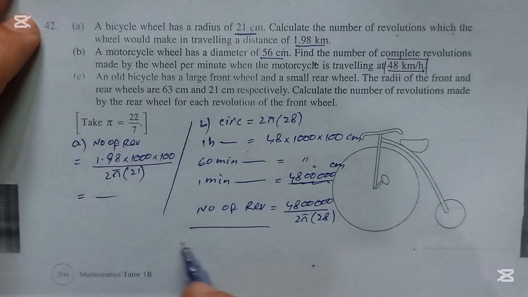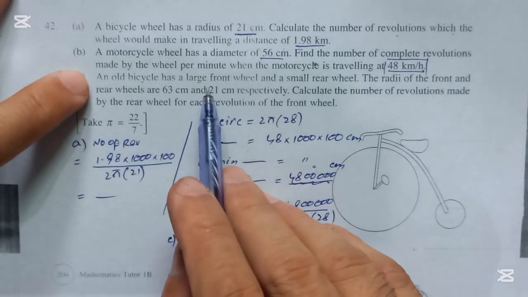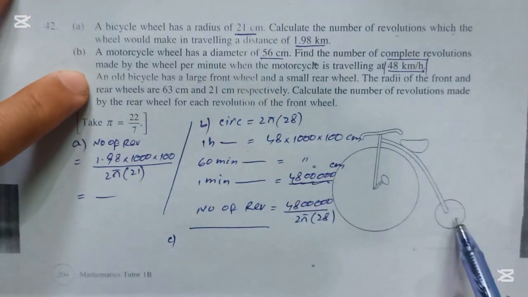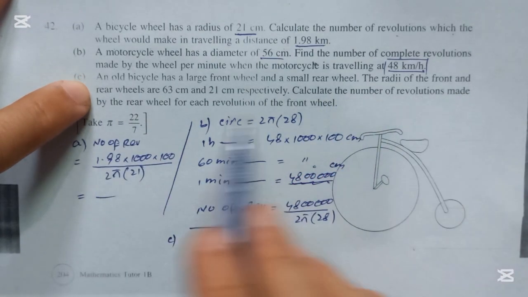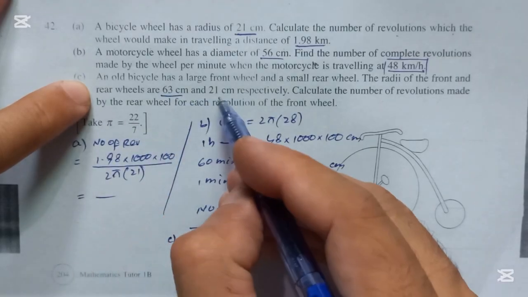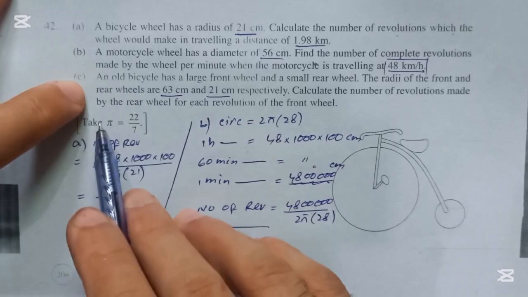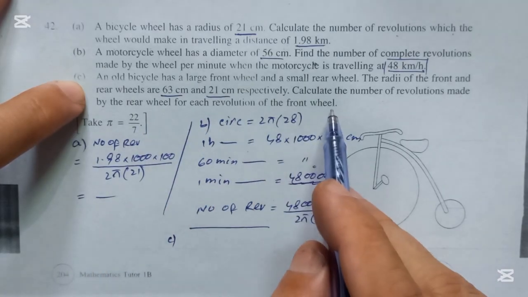Okay, C part. An old bicycle has a large front wheel and a small rear wheel. Okay, this is the figure. The radii of the front and rear wheel are 63 and 21 centimeter respectively. Calculate the number of the revolutions made by the rear wheel for each revolution of the front wheel.